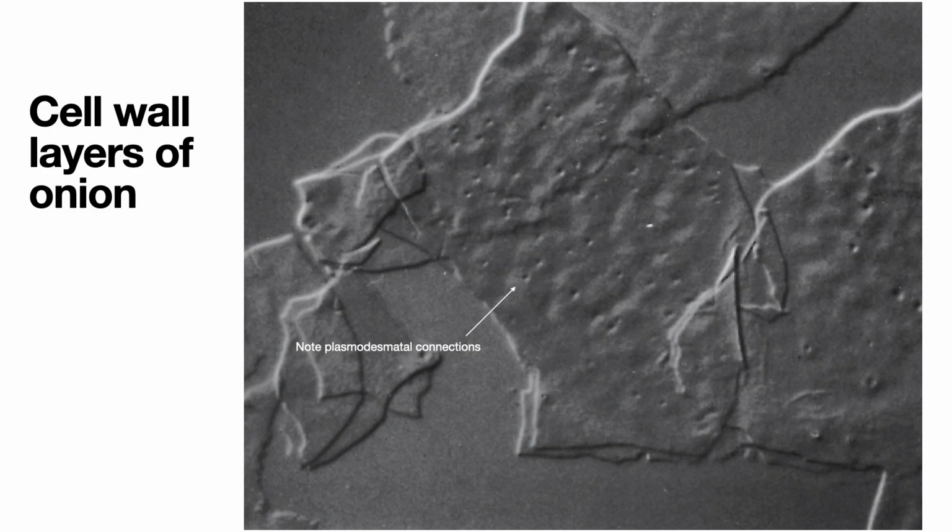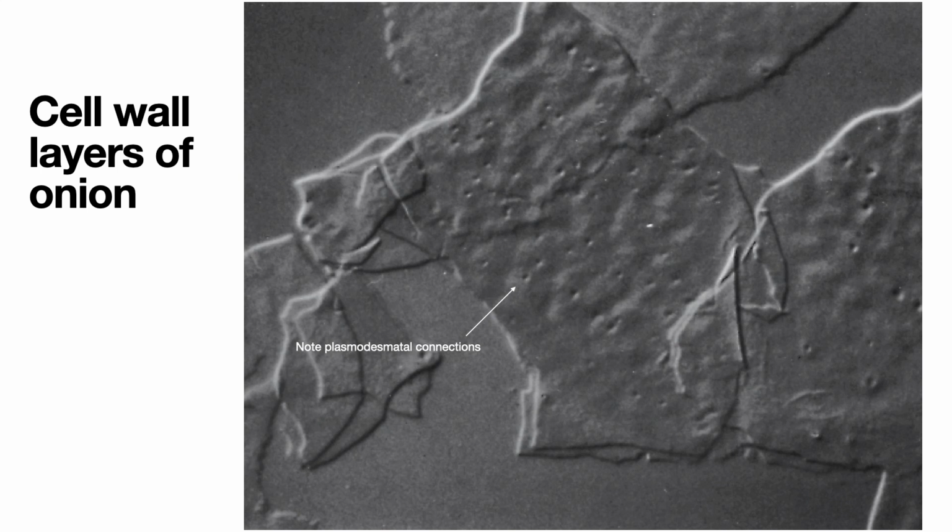So let's look a little bit more in detail regarding the structures of cell walls. In this figure, we see a freeze fracture of some onion cell walls. We can see that there are different layers of cell wall. This is a transverse section where we can actually see these little dimples or holes through the cell wall.